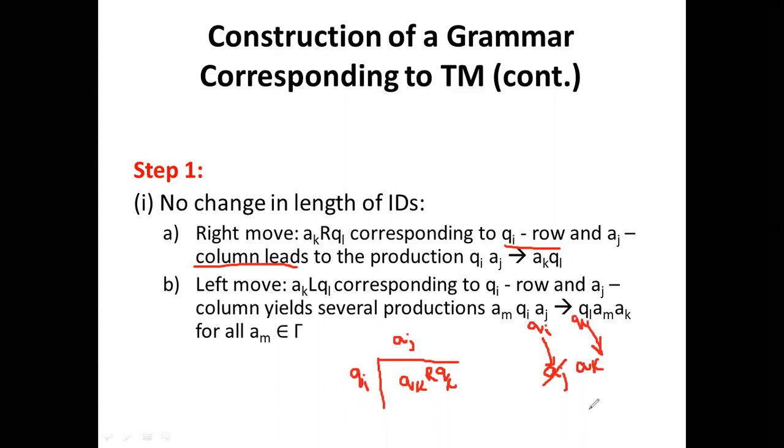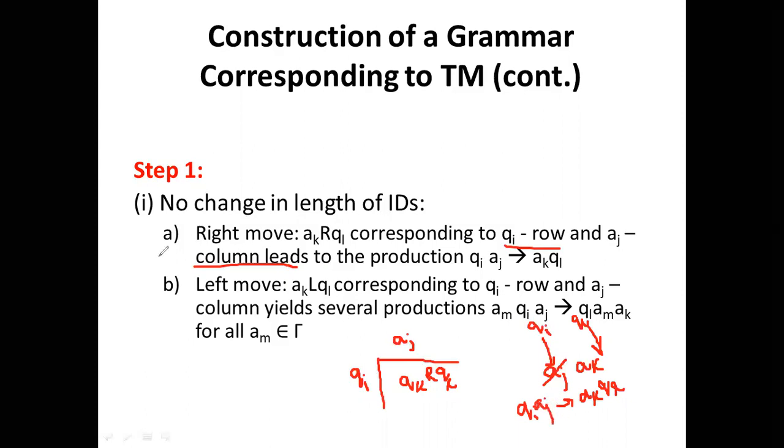So the resulting ID is alpha, the left sequence, then A_k, then Q_l. Before the move, Q_i is on A_j, so Q_i A_j.